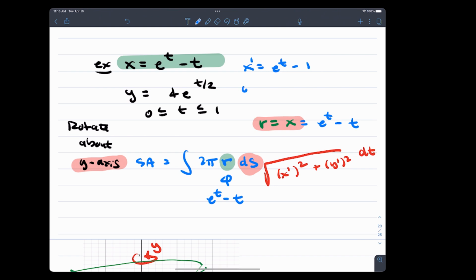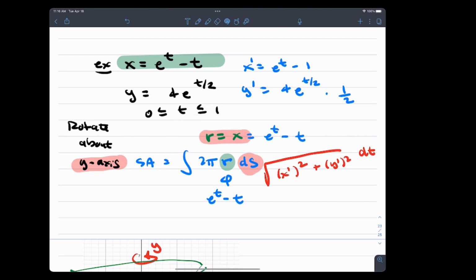What's your derivative for y prime? That's 4e to the t over 2 times 1/2. Chain rule, ladies and gentlemen. Those derivatives, they don't go away. Is that right? Chain rule. My God. Okay, so 4 times 1/2 is 2.